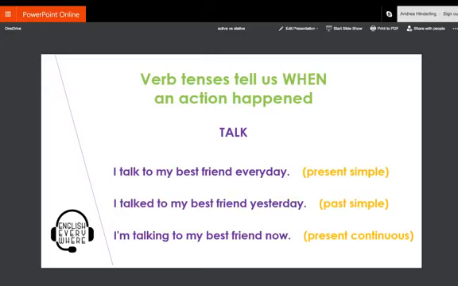So to be in the present plus talking in the gerund form is the present continuous. We also know that it's the present continuous because of the time marker now. Yeah? So the time markers in these three sentences are every day, yesterday, and now. And that helps us know the time when the action happened, whether it's the present simple, past simple, or the present continuous.